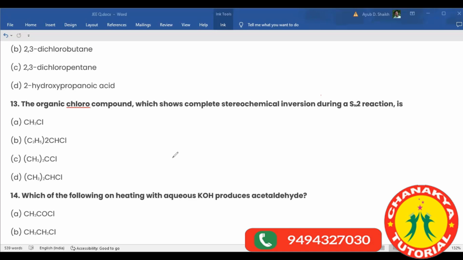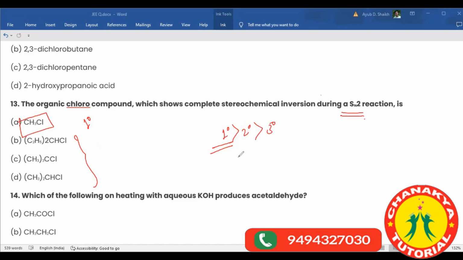Ma'am, only primary halides show SN2 reaction more than secondary ones. Yes, so you can check it. The rest are either secondary or tertiary, right? And this is only primary. In the SN2 reaction, the rate increases: primary is more than secondary, which is more than tertiary. So primary would show faster reaction with SN2.